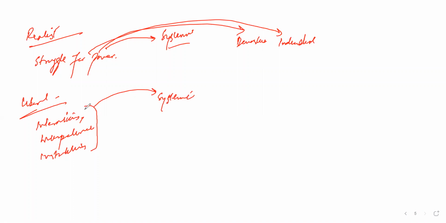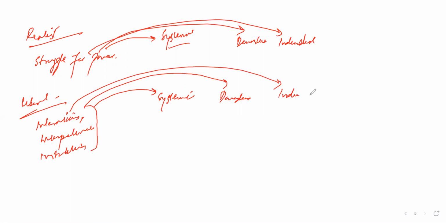They would apply the same at the domestic level and the same at the individual level. So the analysis you would get from the liberal perspective overall may be different from the analysis you are getting from the realist perspective. These may be different.